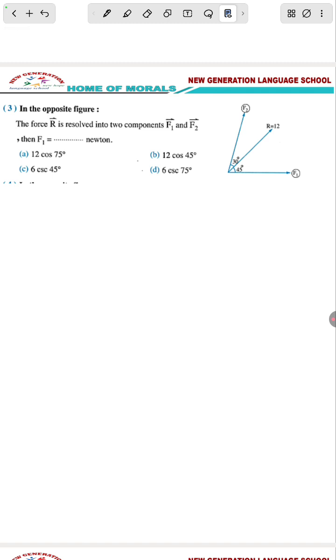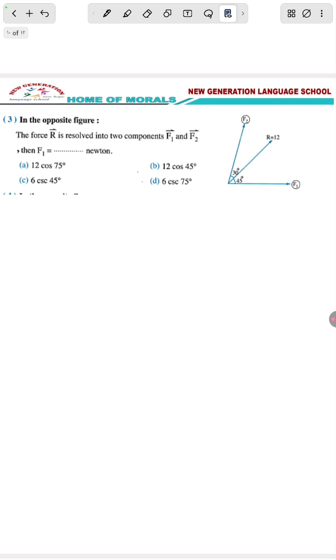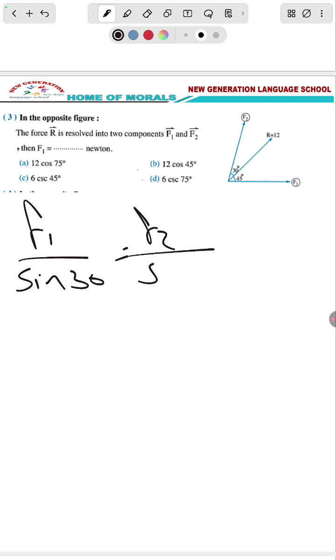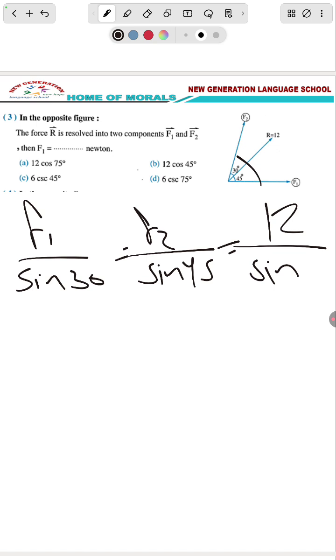Number 3, in the opposite figure, the force R is resolved into two components, F1 and F2. Then F1 equals what? I have a rule to resolve this force: F1 over sine 30 equals F2 over sine 45 equals the resultant 12 over sine of the sum of angles, 30 plus 45, which is equal to 75.